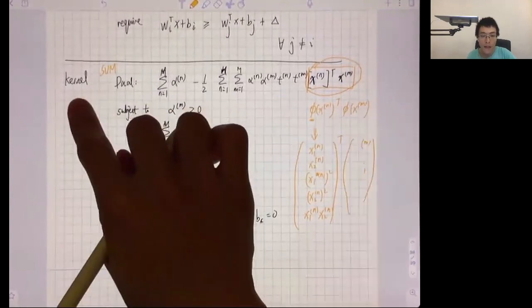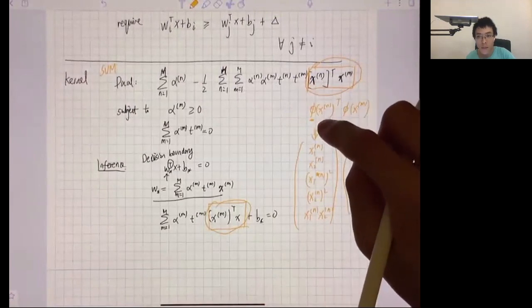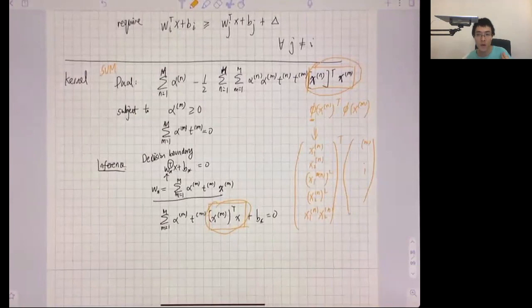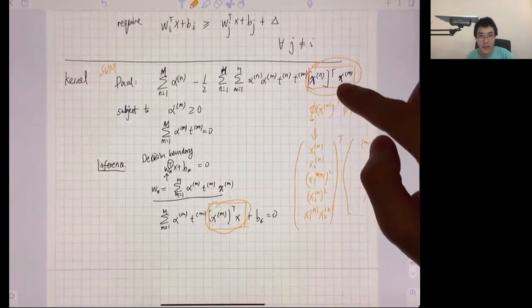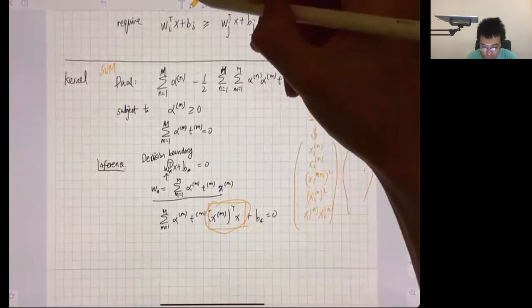Then the SVM has no idea whether data lives in the x space or in the phi space. Now you can transform your data into a different space by specifying the inner product. Okay, so this is the main idea.